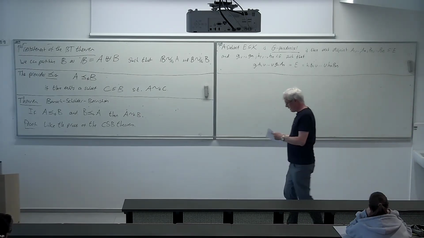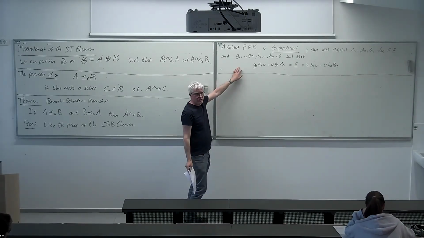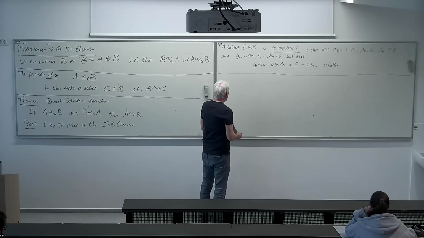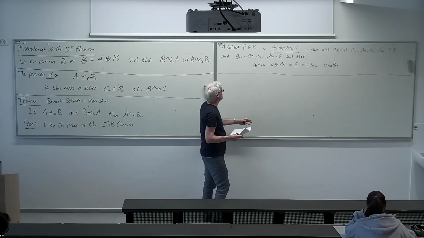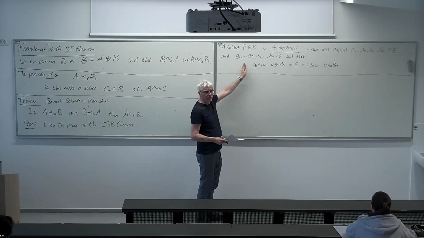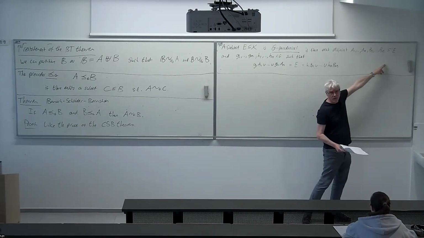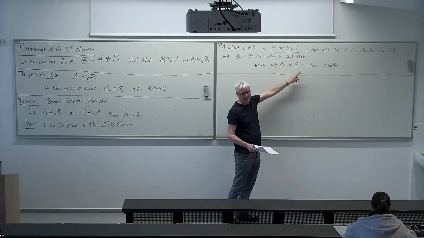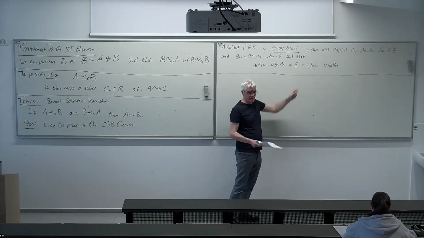Okay, but it turns out that this weakening is actually an inessential weakening, because E is G-paradoxical in this sense if and only if we can actually partition E into finitely many pieces and recover E using disjoint unions.